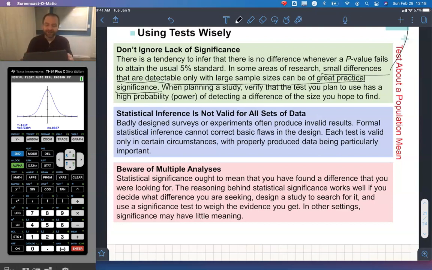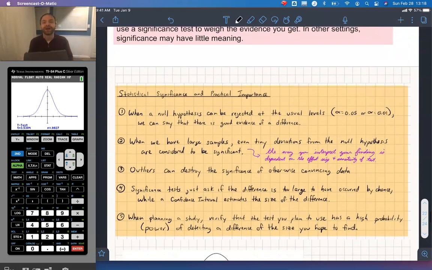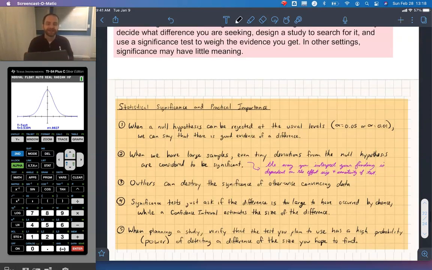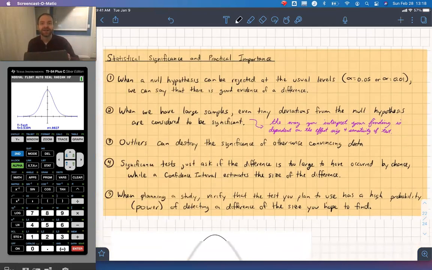And so really just be aware, here is kind of what we're going through. When a null hypothesis can be rejected at the usual levels, 0.05 or 0.01, we can say there's good evidence of a difference. With even larger sample sizes, tiny deviations are something to be aware of. So with large sample sizes, even tiny deviations from the null hypothesis are considered to be significant. The way you interpret your finding depends on the effect size and the sensitivity of the test.